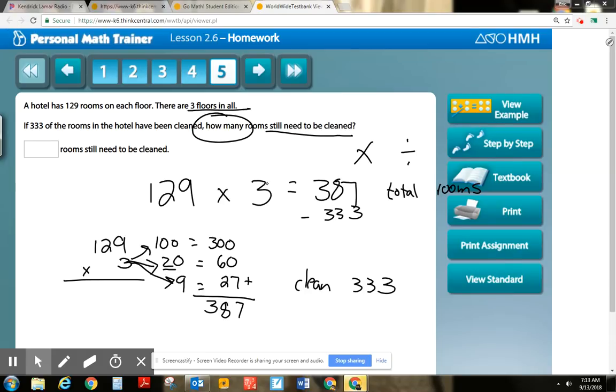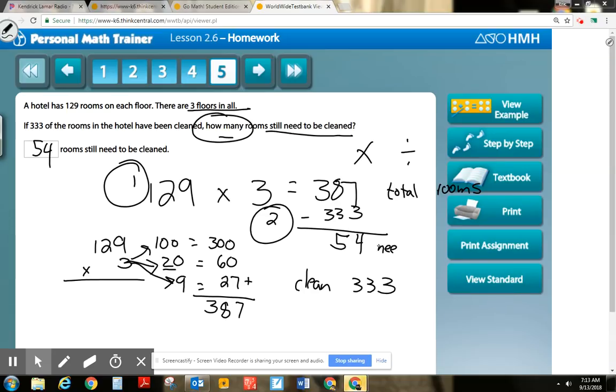Usually, how many more tells me to subtract usually. So 54 rooms still need to be cleaned. Okay? So there's 2 steps. The first step was figuring out how many rooms total there was. The second step was subtracting how many were cleaned. So 54 need to be cleaned.